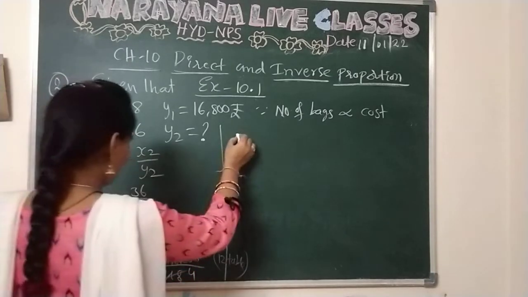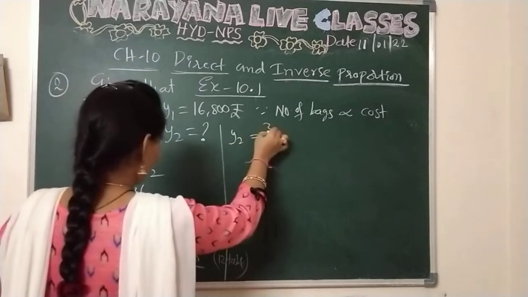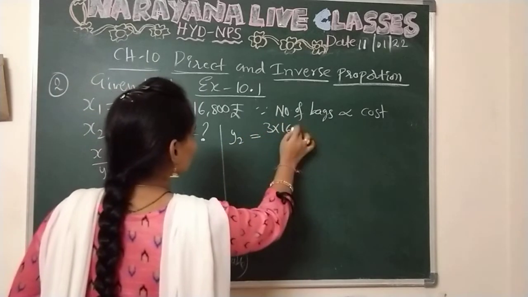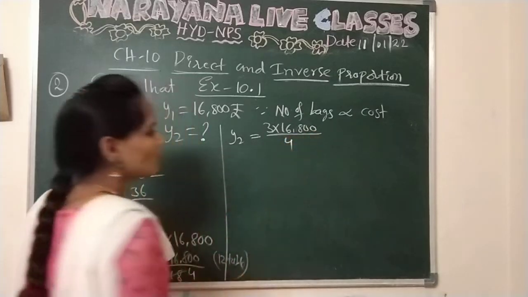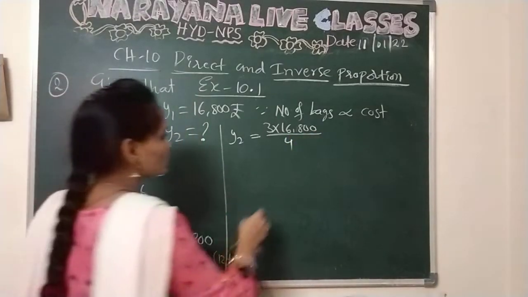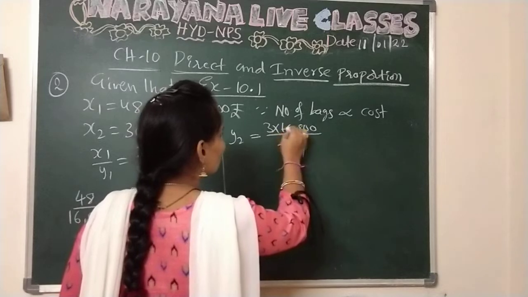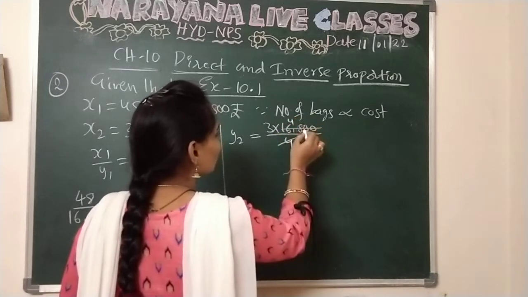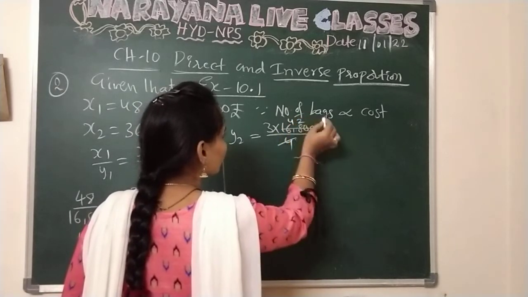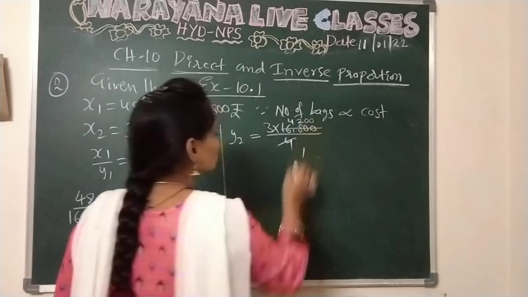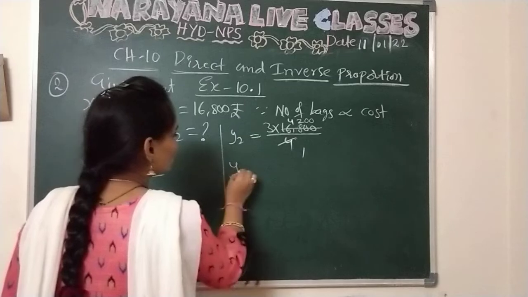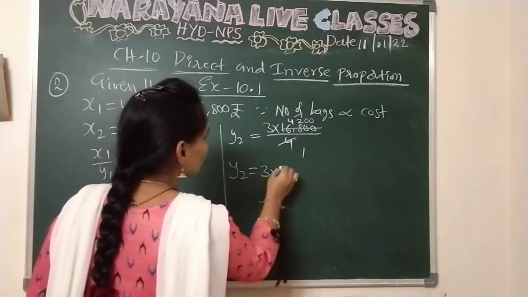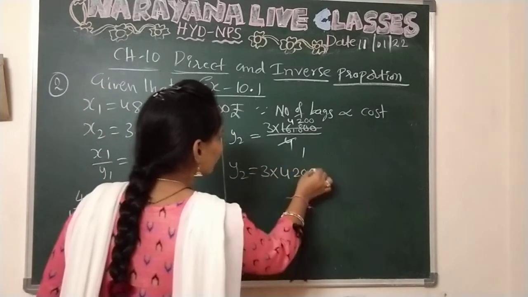Now remaining is 3 into 16,800 divided by 4. Now with the 4 table we can do the cancellation. 4 1s are 4, 4 4s are 16, 4 2s are 8. Remaining 2 zeros as it is you can write. Now y2 is equal to 3 into 4,200.